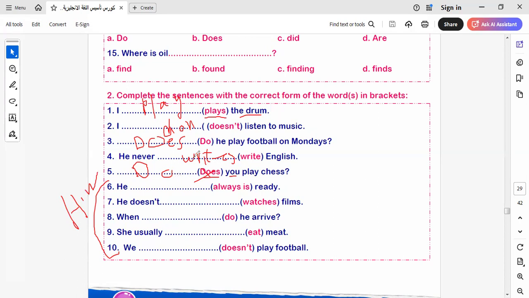Now we know how to do the present simple tense. Here we have always and is, so it will be he is always ready.